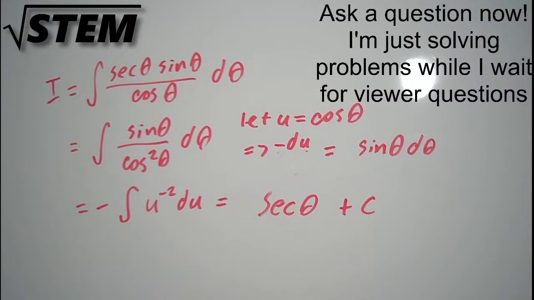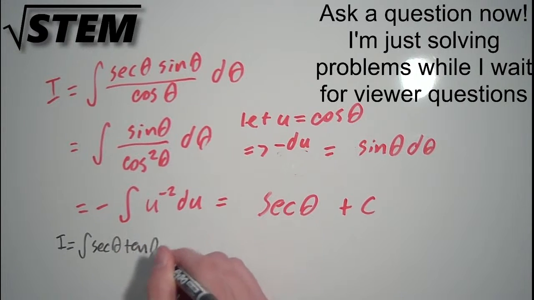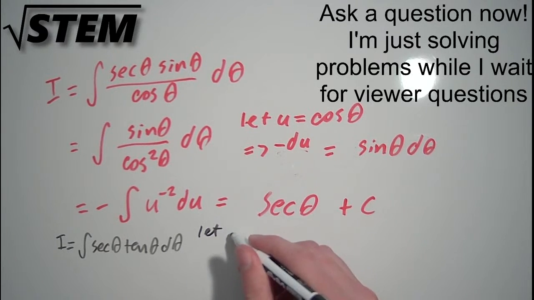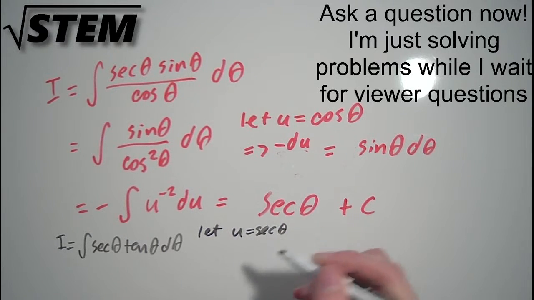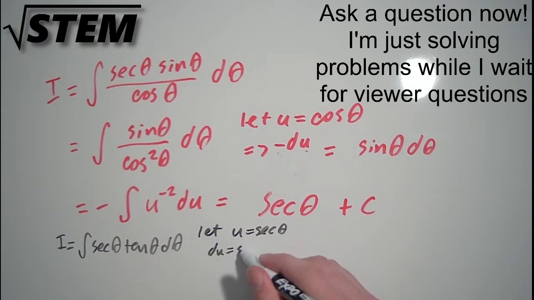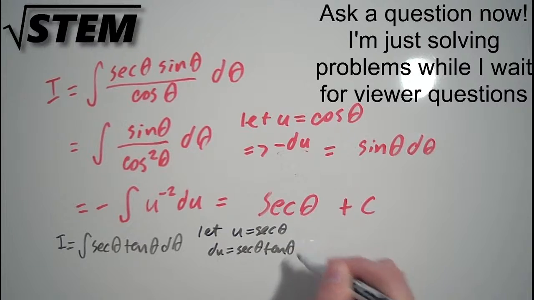And now that we've seen this, that makes me think that the other substitution we could have tried would have worked as well. Let's write that out. So if we wrote this as the integral of secant tangent, and we let u equal secant, then du was secant tangent times d theta.